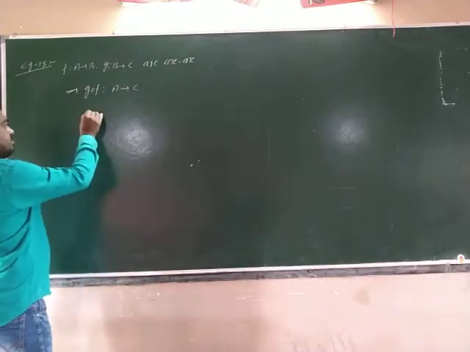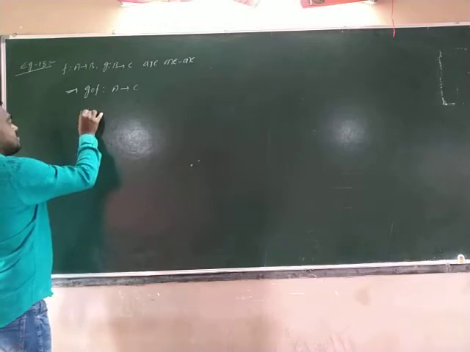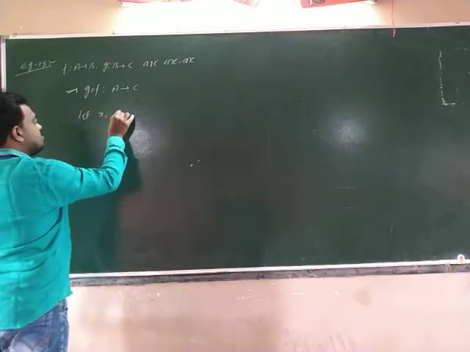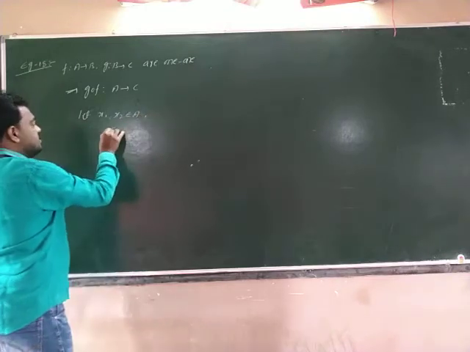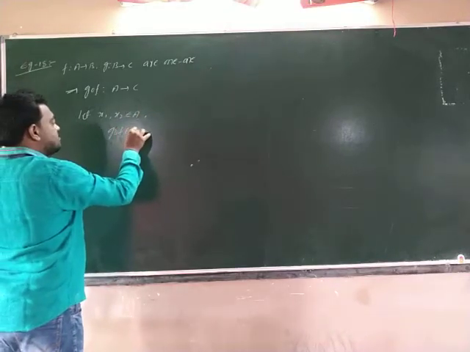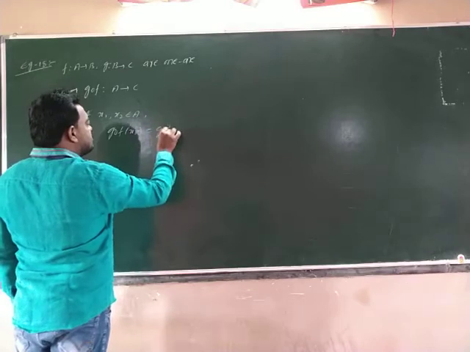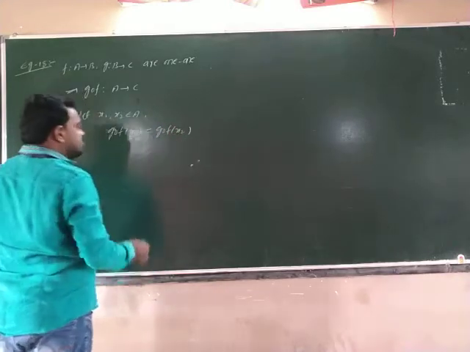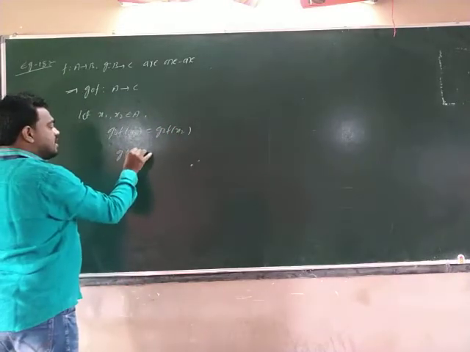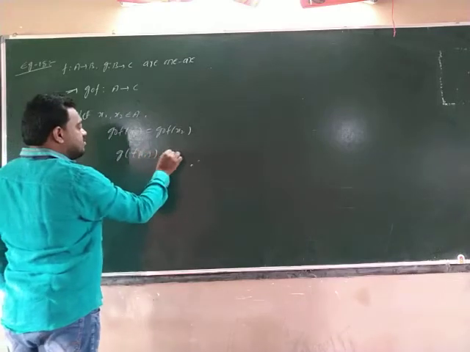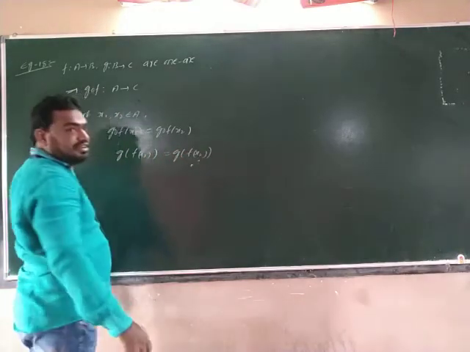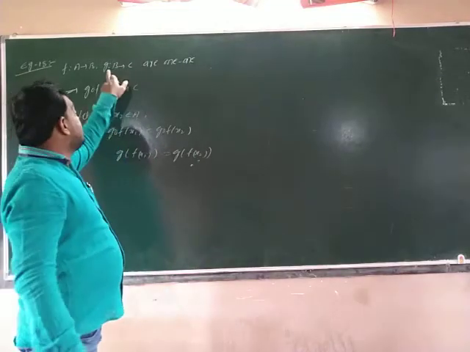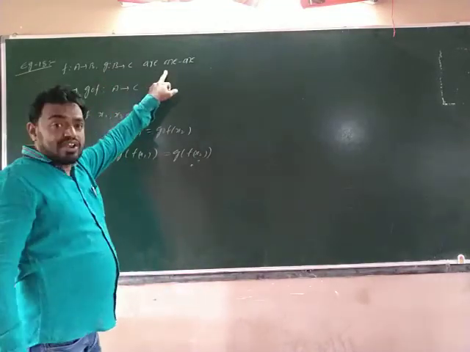Now let x1, x2 belong to A and g circle f of x1 is equal to g circle f of x2 as well. This is g of f of x1 equals g of f of x2, right? Here g from B to C is one-one.